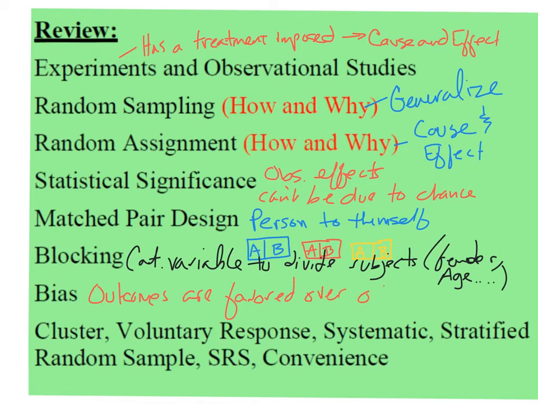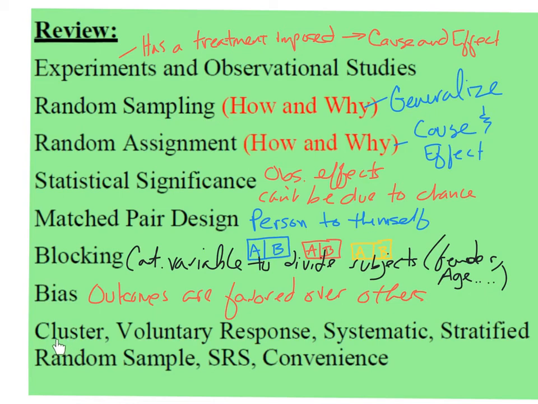Okay? And really, what it leads to are samples that are not indicative of the population. We get a result that does not match the feelings, and we can't generalize because of it. It's a biased sample.